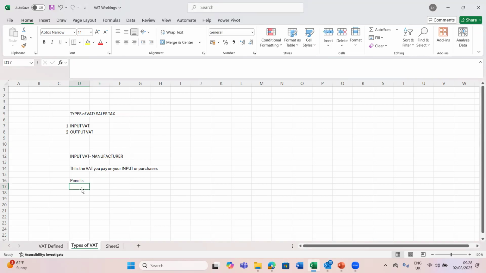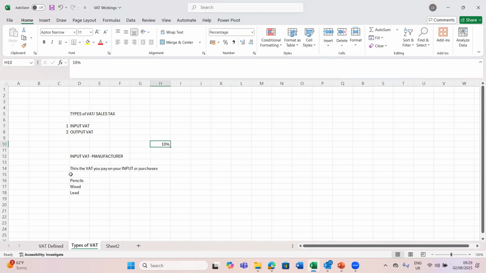So I bought raw materials like, let's see, wood, or lead. So all this wood or whatever materials they used. On this wood, when I purchased, I paid, let's assume, 10% VAT.